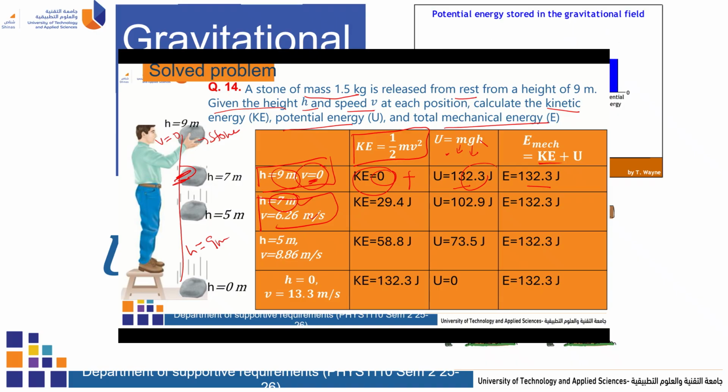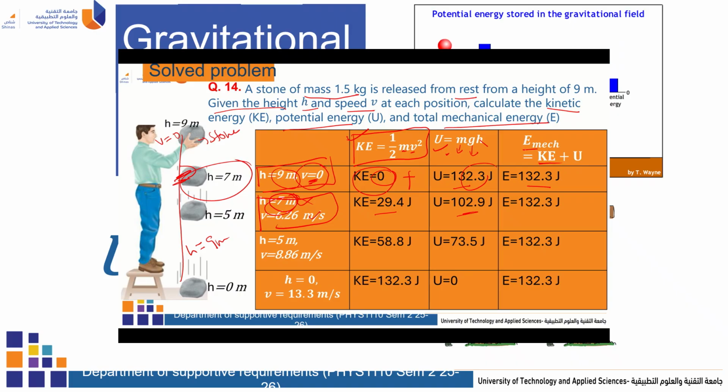Using the kinetic energy formula, you put the mass and the velocity, and the answer is 29.4 joule. This is the kinetic energy when the height is 7 meter. And using the potential energy formula mgh, with h here being 7 meter, this number will come.